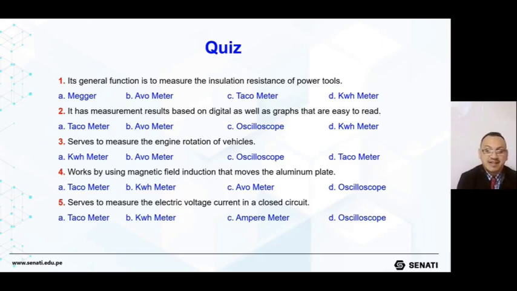And the answer is letter C. Ampere meter serves to measure the electric voltage current in a closed circuit. Very good job. And here you have the answers, in any case you may need them.